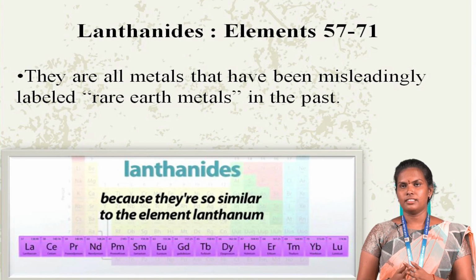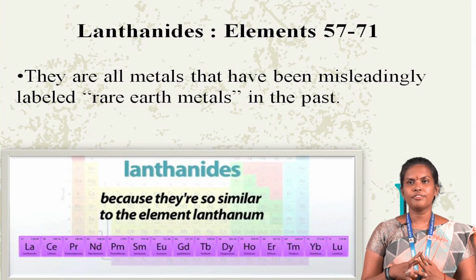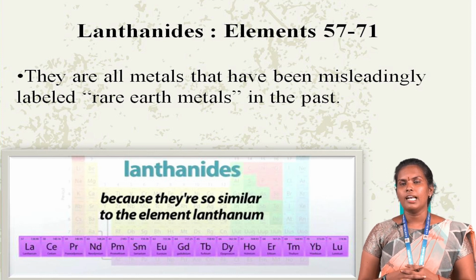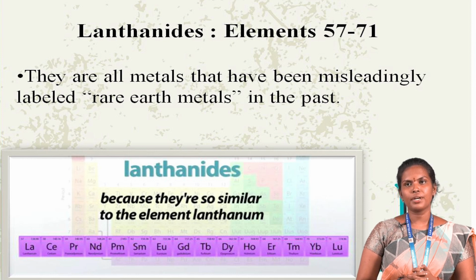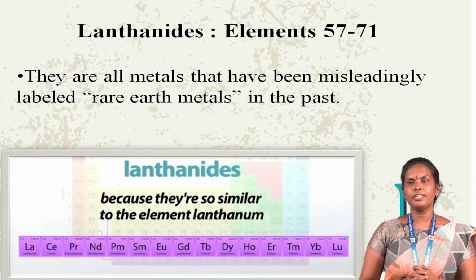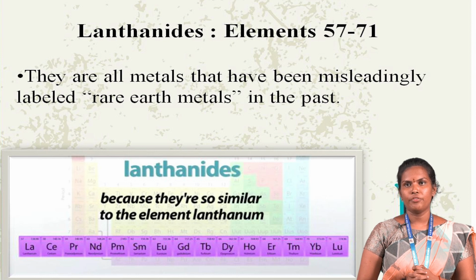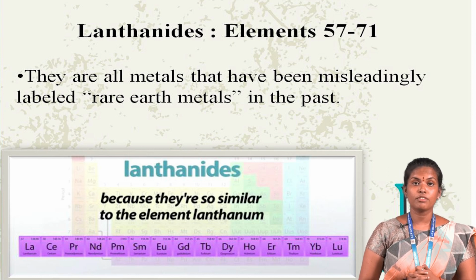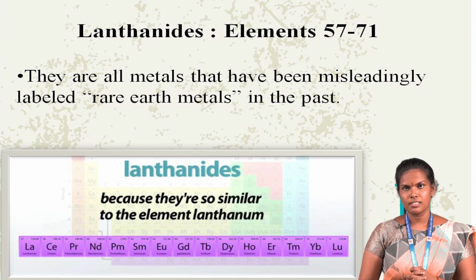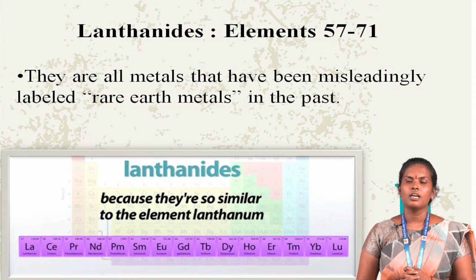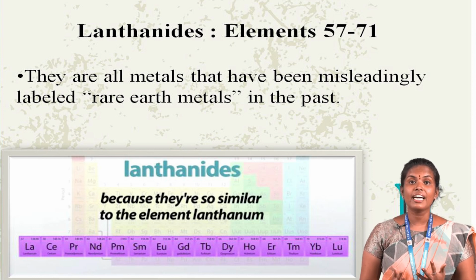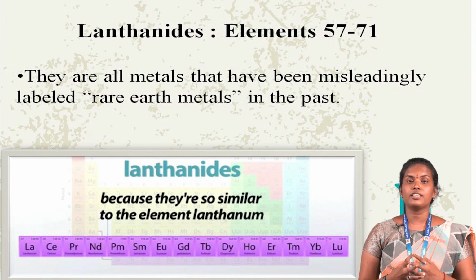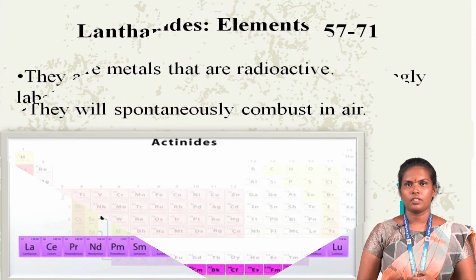Next, lanthanides. It is present in 57 to 71. Lanthanide series of chemical elements comprises the 15 metallic chemical elements with atomic number 57 to 71. They are all metals that have been misleadingly labeled rare earth metals in the past.